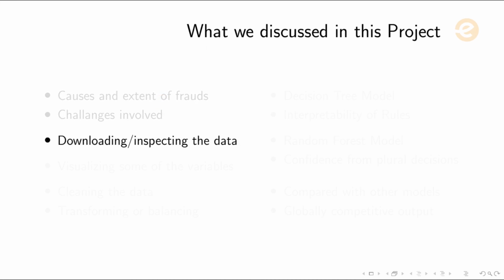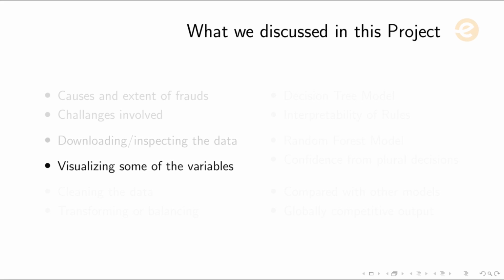Then we got hold of the data source at Kaggle, downloaded it, and viewed the basic features of the data set, its size, class distribution, and the variables involved. In the next session, we further explored the data along a few variables, particularly the time and amount, plus some of the principal components from V1 to V28.